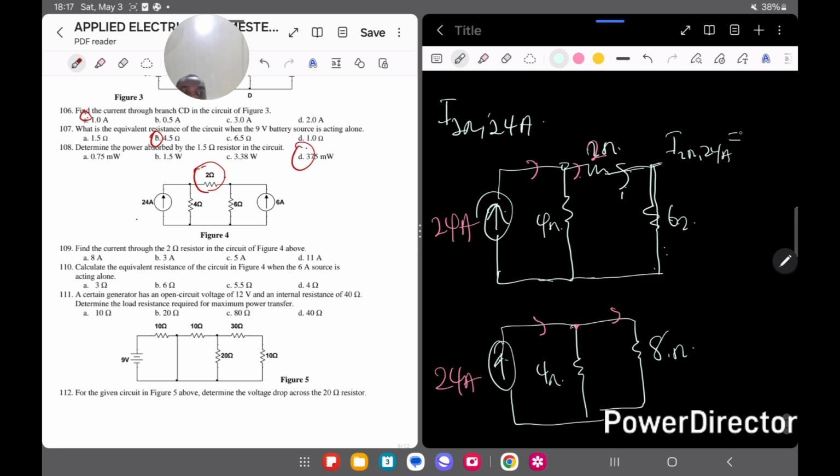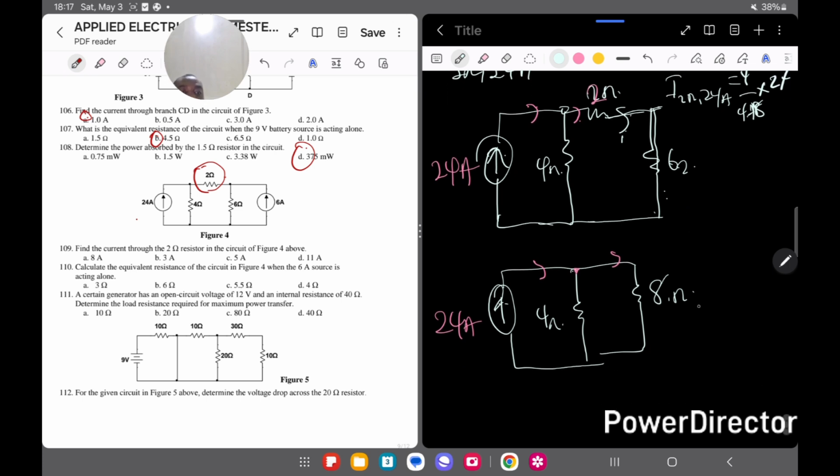The current here is the other resistor, which is 4, over the sum of the resistors in parallel, meaning 4 and 8 are in parallel, so 4 plus 8, times the current source, or the total current, which is 24 here.